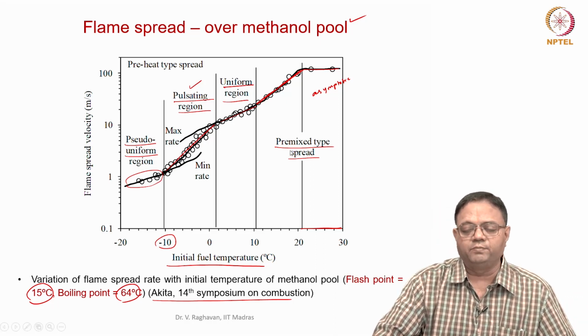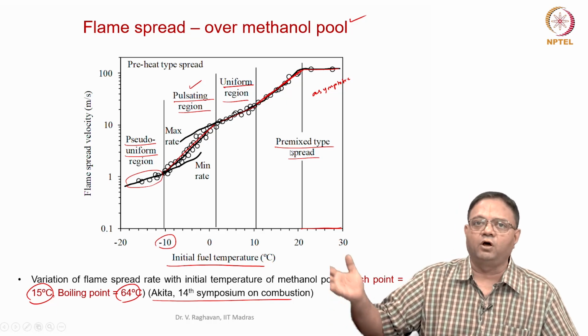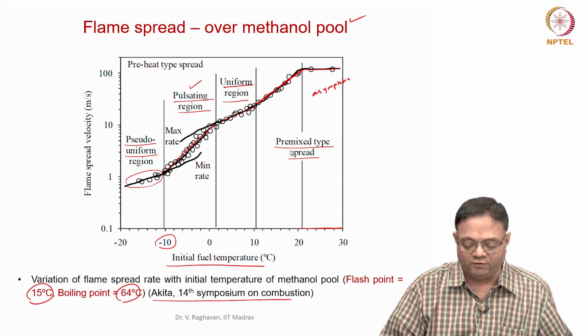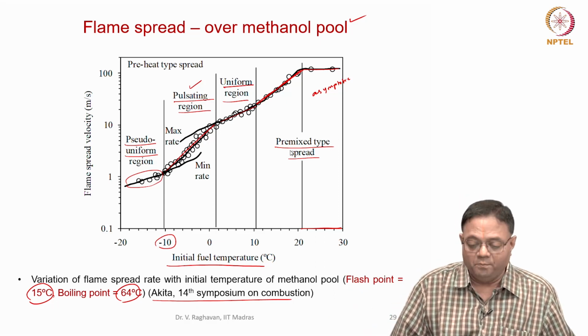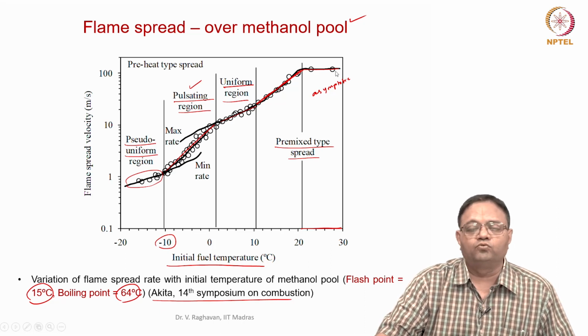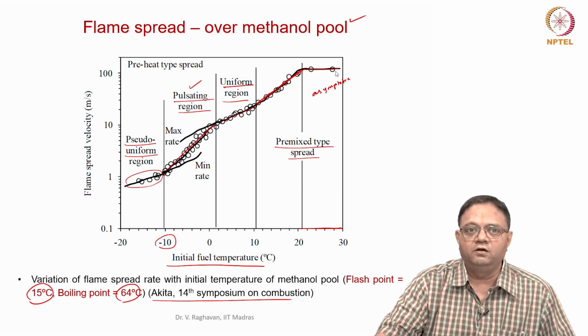Since the liquid temperature is higher, enough vapors are already produced over the liquid surface, and the flame can just spread over that at a faster rate. But once the temperature is increased beyond a certain value, there is no effect of the liquid temperature on the flame spread rate.